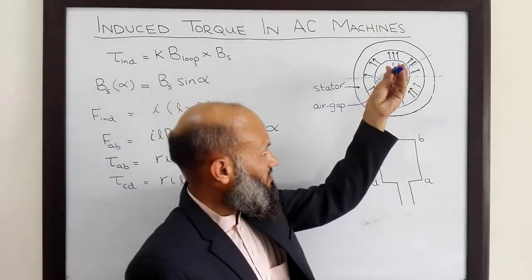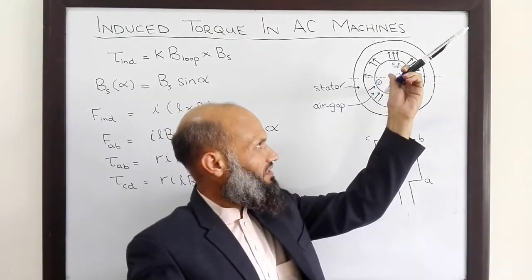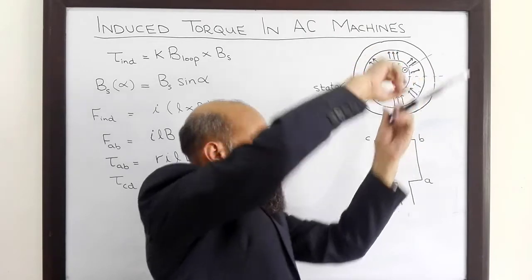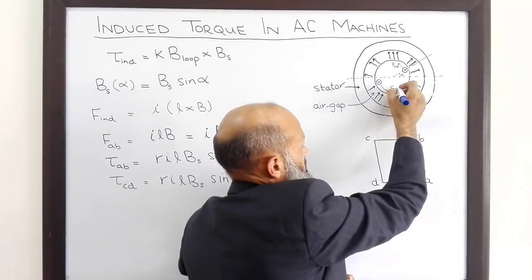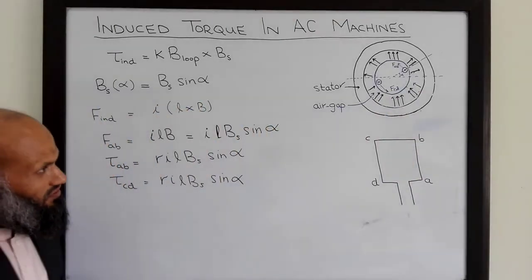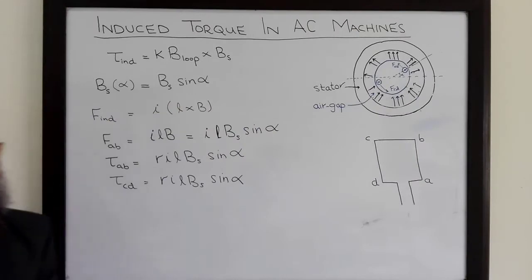L is directed into the surface of the board, and B is in this direction. So L cross B is in this direction. So this is force CD. The torque induced due to this force is also in the counterclockwise direction. Both the torques are in the same direction.